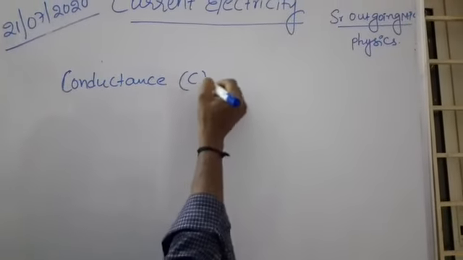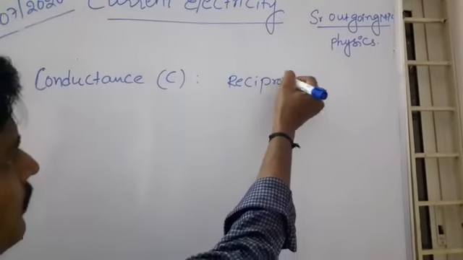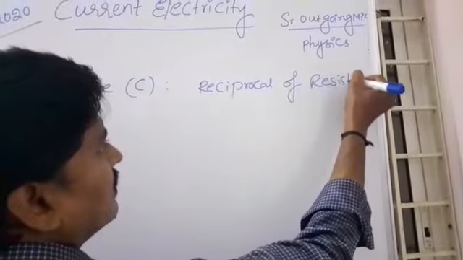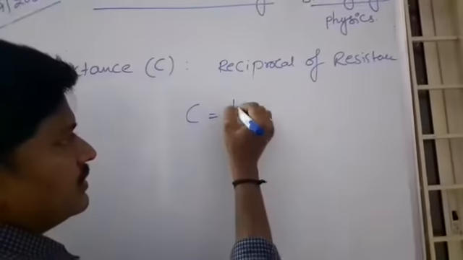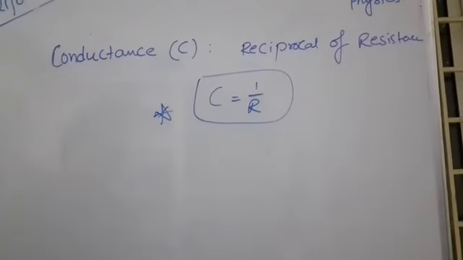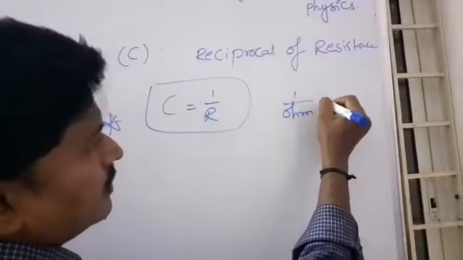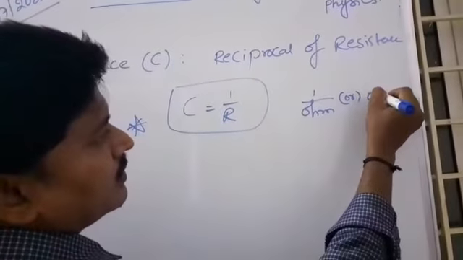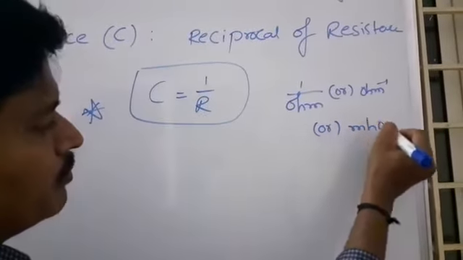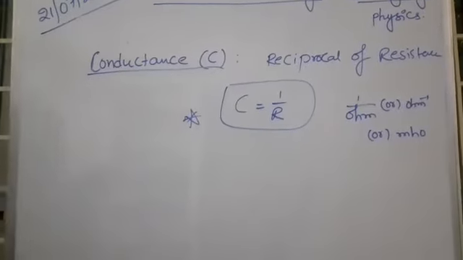Conductance C is equal to 1 by R. Its units are 1 by ohm, that is ohm inverse, otherwise mho. So this is conductance.